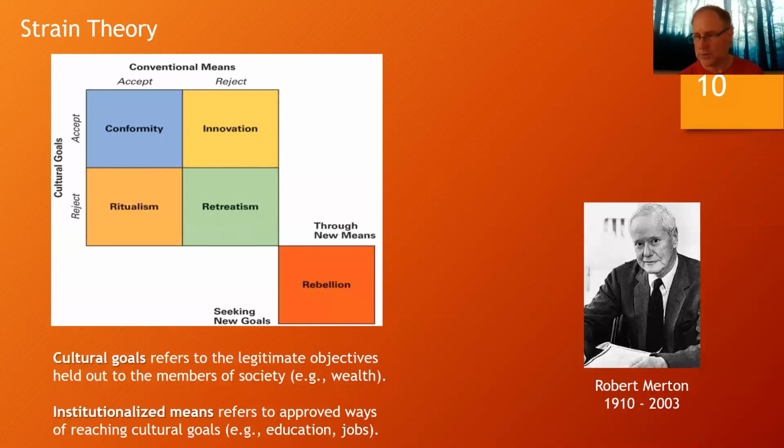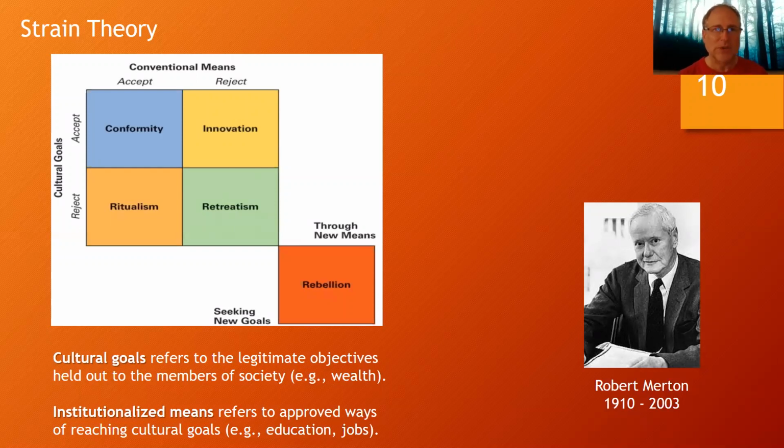So when we see the picture in the top left-hand corner of your screen, there are 5 potentials that come up. Across the top, you see conventional means that we've already defined. Along the side, you see cultural goals that we have defined. And so we can either accept or reject both the conventional means and the cultural goals.